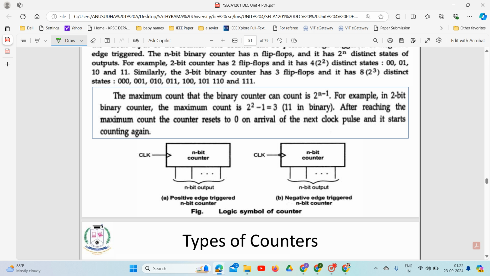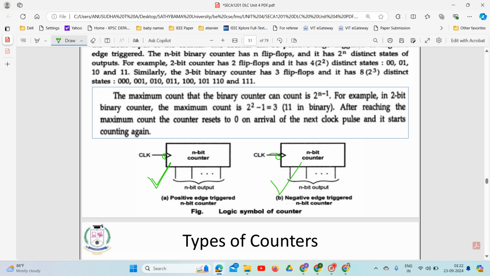This is the block diagram of a positive edge of the clock counter. This is a negative edge of the counter. How to find out? As I said before, if you are assigning the bubble right at the back end of the clock pulse, it is a negative edge of the clock pulse. If you are not assigning any bubbles at the back end of the inverter, it is a positive edge of the clock pulse.